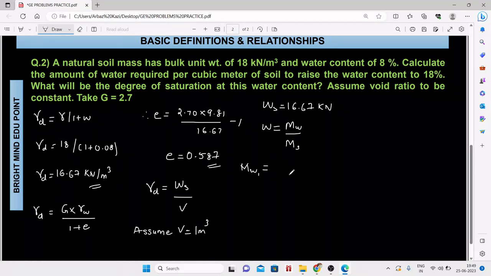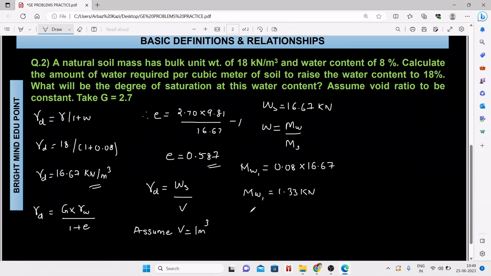That can be computed as w into Ms. Here w value will be 0.08 and the weight of soil solids will be 16.67. So for the first condition, when water content was 8%, the weight of water comes out as 1.33 kilonewton.